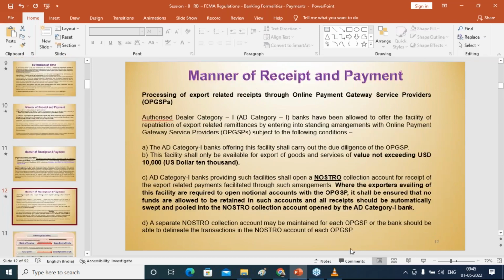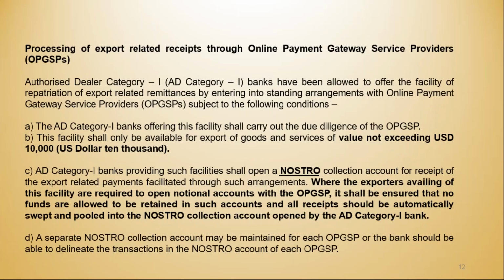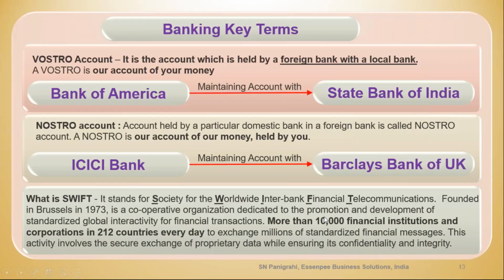Now, going to the nostro account and vostro account, I'm going to tell you what those are. The vostro account is an account held by a foreign bank with the local bank. For example, a US bank maintaining an account in an Indian bank, for example SBI.